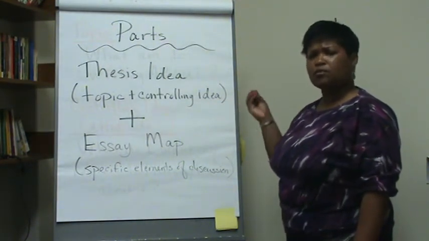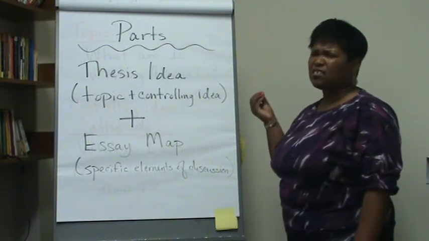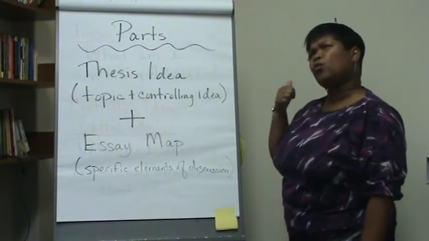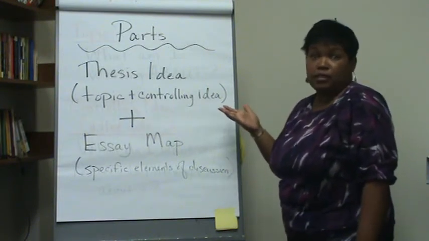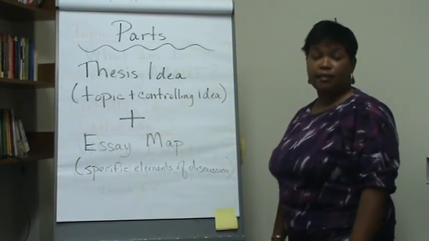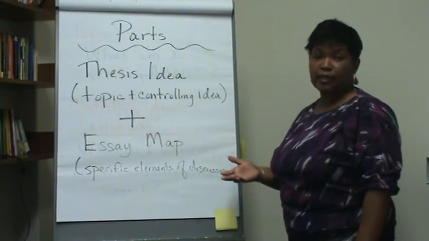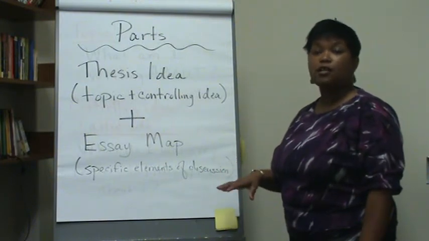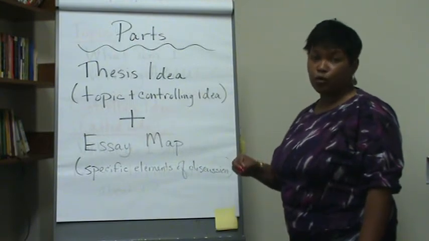When you're thinking about thesis and controlling idea, you have to ask yourself, what do I want my readers to do, think, buy, believe, see? If you can answer that for yourself, then it's very easy to develop a controlling idea that's solid, so that you know you have something that is provable or arguable within the context of your writing.